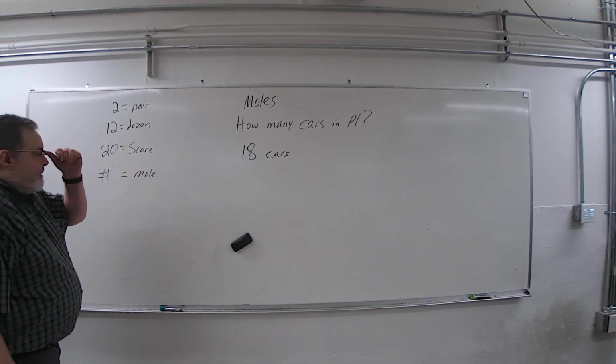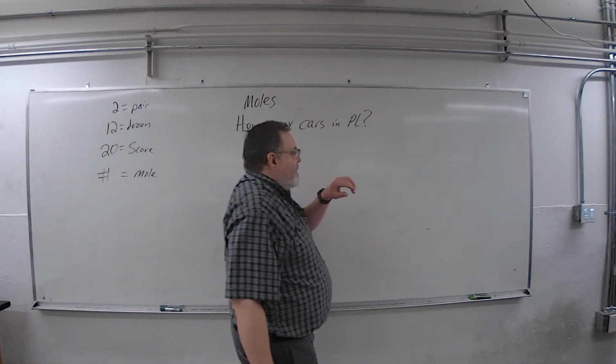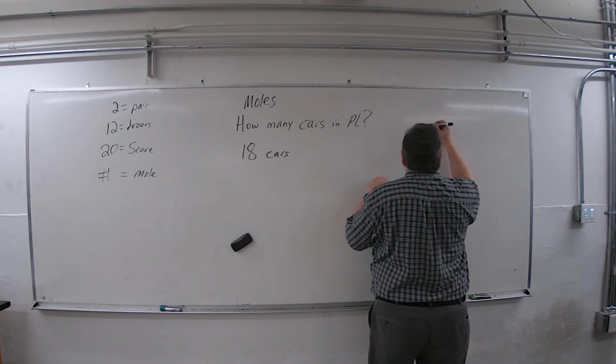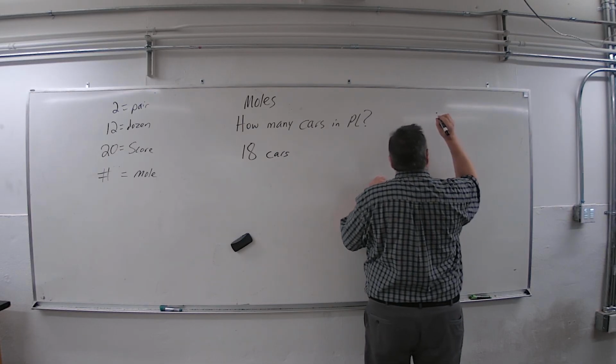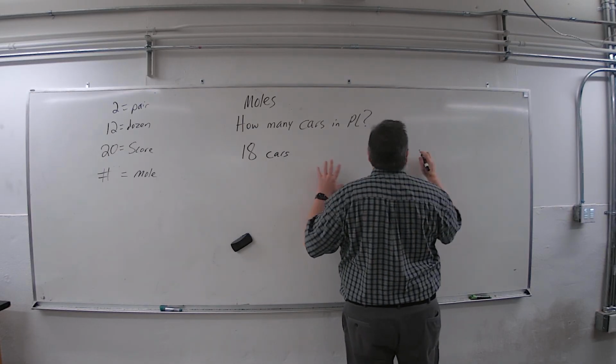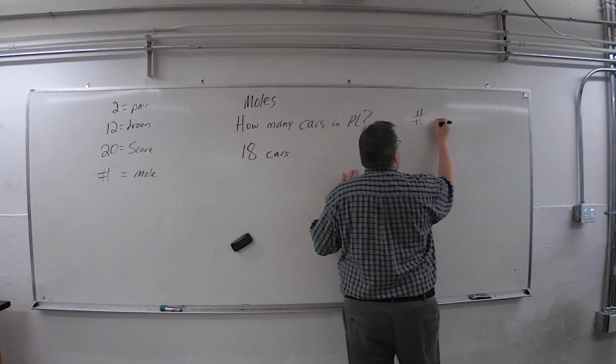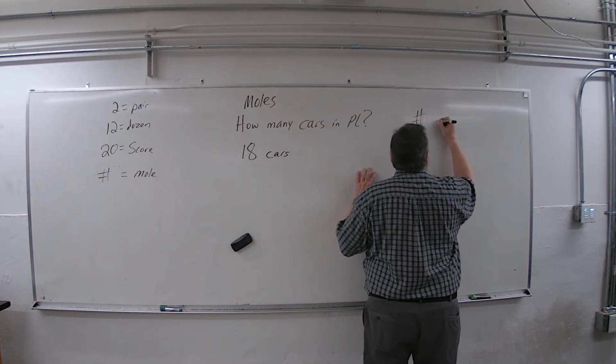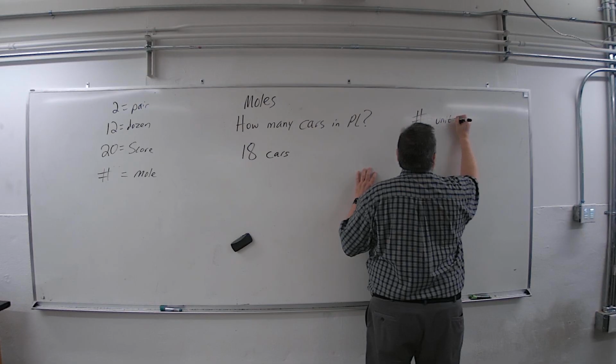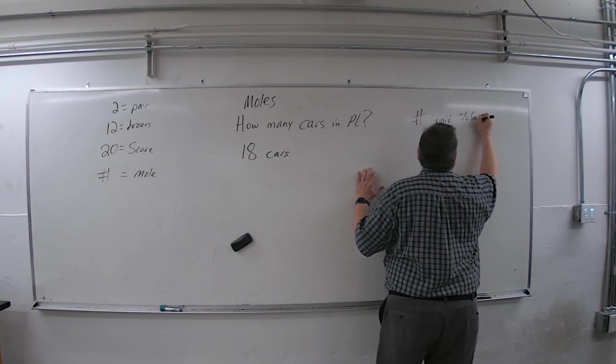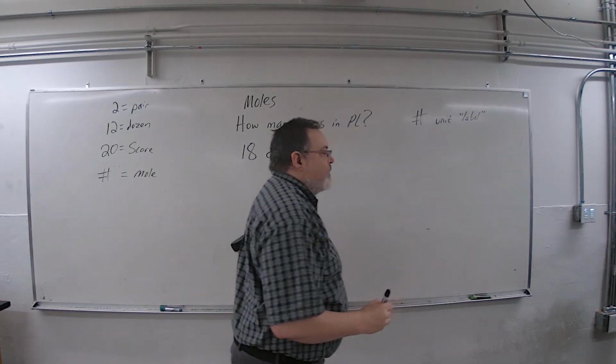Just as an aside, nearly every time, except for here, when we have some kind of numerical value, there's a unit. I always try to include a label to keep things clear.